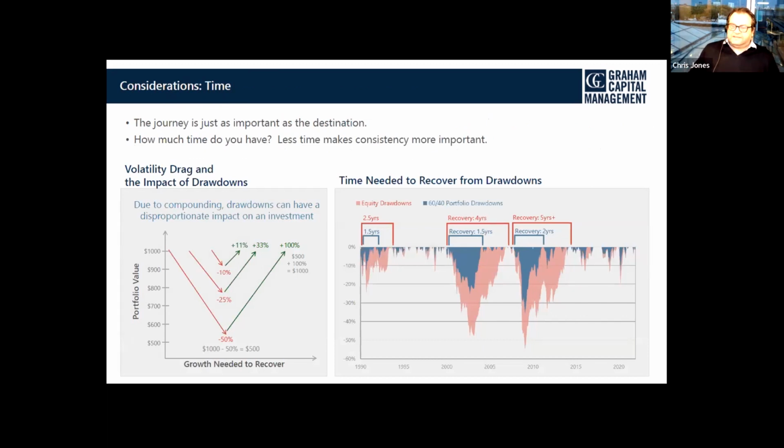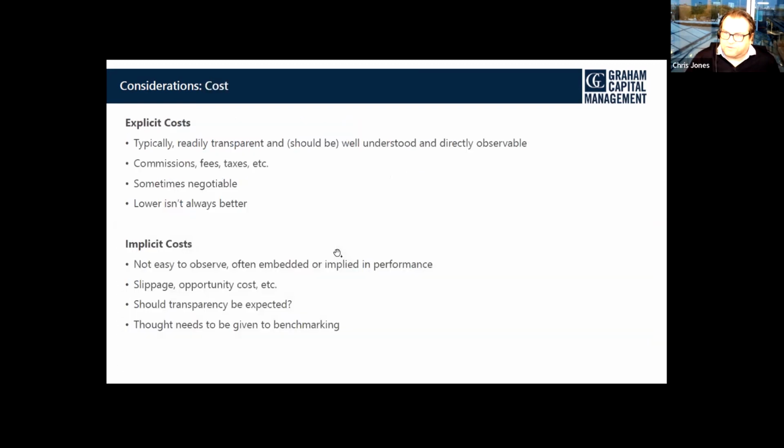If you have an IC that's going to meet every quarter, then do you really want to be trying to have consistency of returns every week? Or if you have a very understanding long-term set of governance or stakeholders that are really only going to look on an annual basis, then probably annual is the time where you need to achieve a recovery time from any drawdown. So time frame is very important.